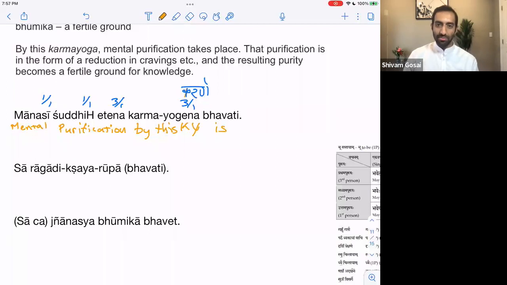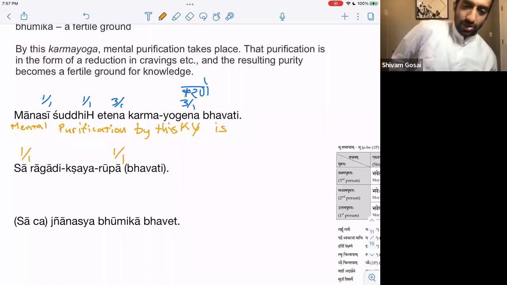So this is tad shabda, a sarvanama. This is strilinga, prathama vibhakti ekavachanam, kartari prathama tu bhavati. And rupa. So the whole word is ragadikshaya rupa: akaranta, strilinga, prathama vibhakti ekavachanam.